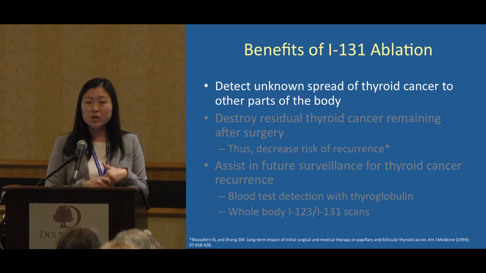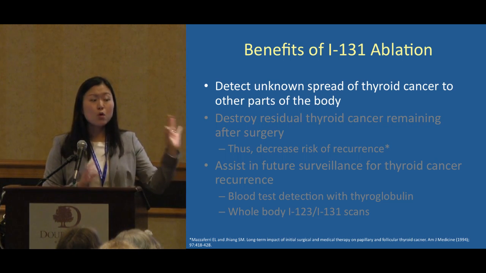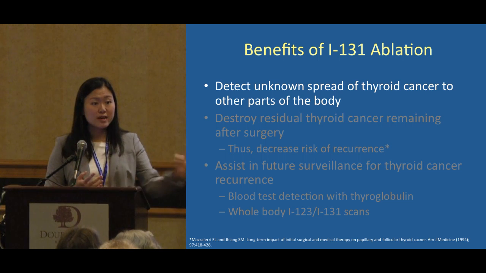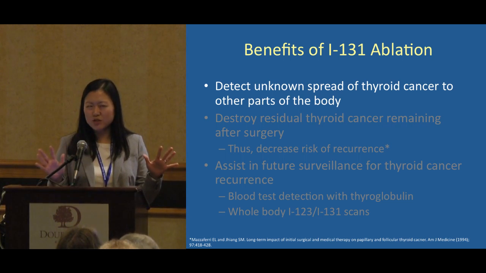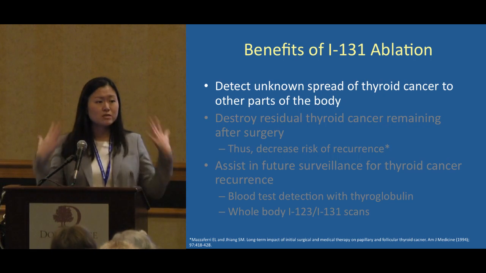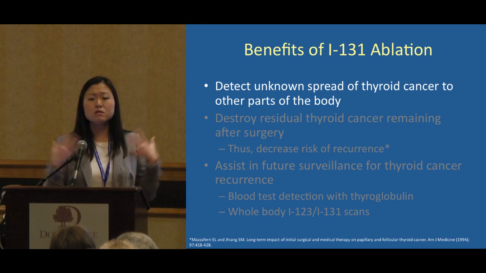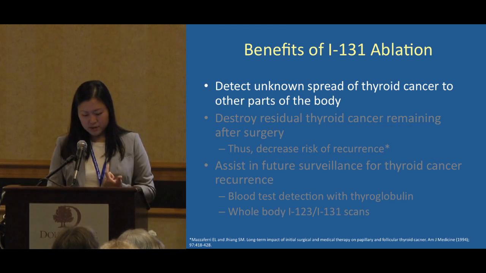But after you do this treatment, because the radioactive iodine will go to any thyroid tissue, whether it's normal thyroid tissue or thyroid cancer cells, we can instantly detect it. They say usually about 10 to 20% of patients may actually have metastatic disease, cancer that has gone to other parts of the body that they didn't know about going into surgery. So you could actually detect that.